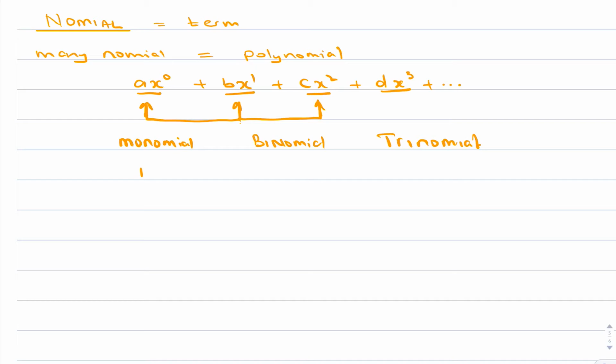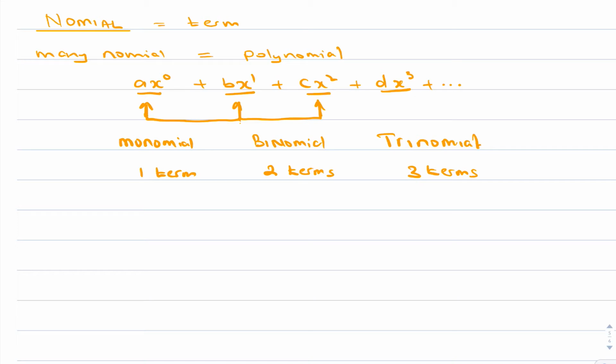So 1 term, it's a monomial; 2 terms, it's a binomial; and 3 terms is a trinomial.